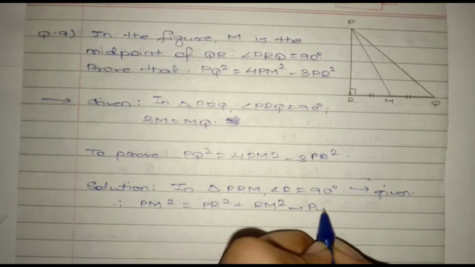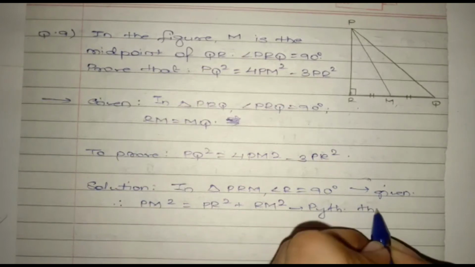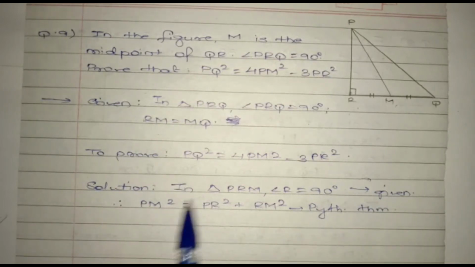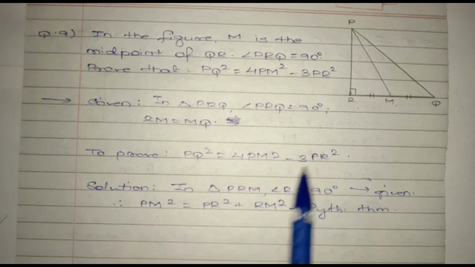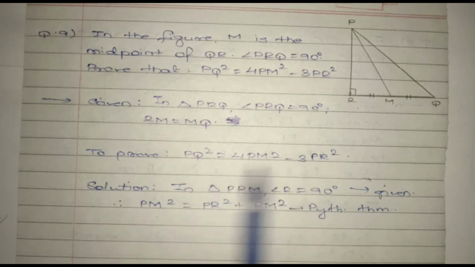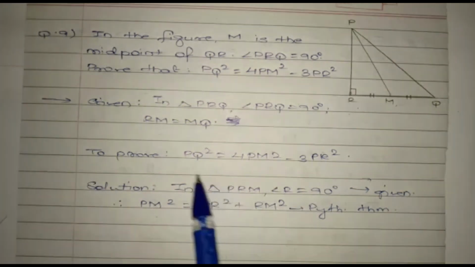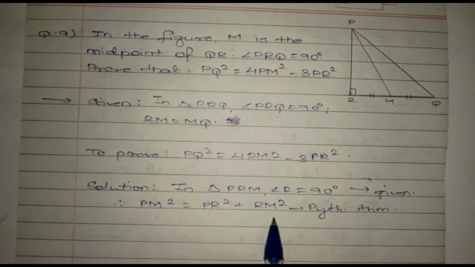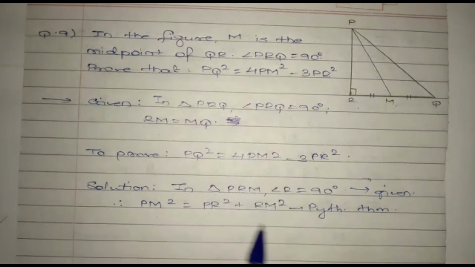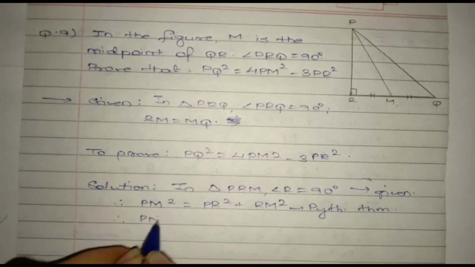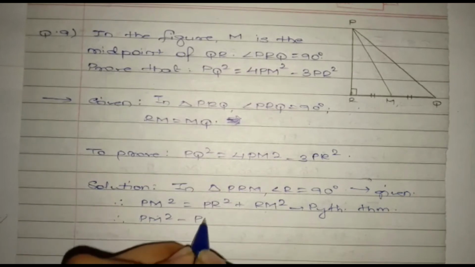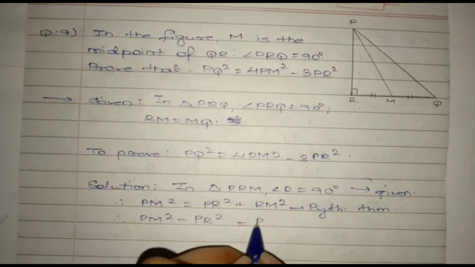Now the terms which we need in the proof are PM square and PR square, but RM is not needed in this proof. So we'll take the needed terms to one side and keep the non-needed terms on the other side. So PM square minus PR square is equal to RM square.